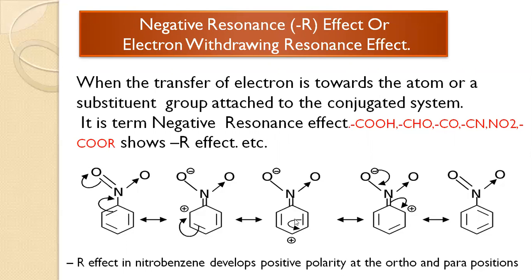In the second last structure, it creates a positive charge at the ortho position. It means that when the negative resonance effect, or electron withdrawing resonance effect, takes place, it creates less electron density at the ortho and para positions. We can say the negative resonance effect in nitrobenzene develops positive polarity at the ortho and para positions. So this is about the negative resonance effect.